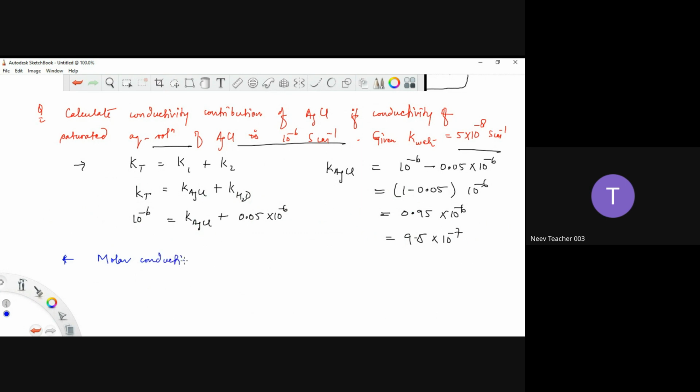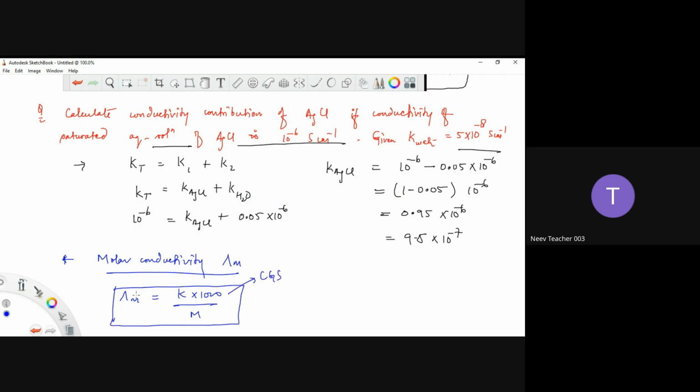Now, after that, we have molar conductivity. So molar conductivity is basically lambda m. There are two formulas that you need to remember in this. Lambda m can be calculated as kappa times 1000 by concentration, which is molarity. That is one formula, but this is in CGS.